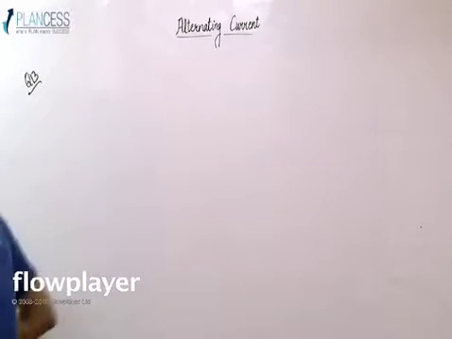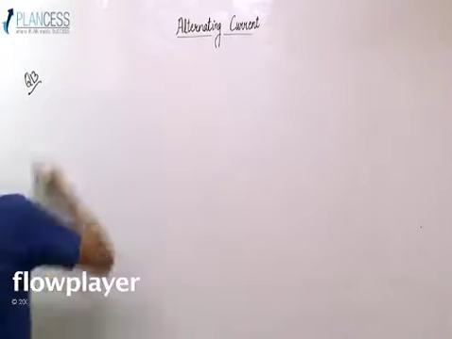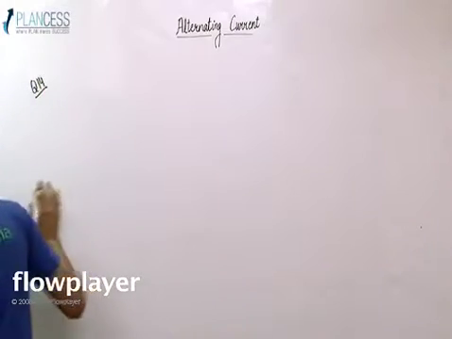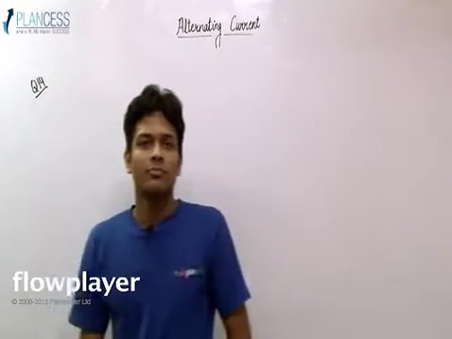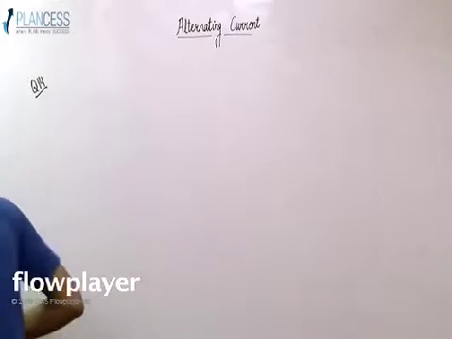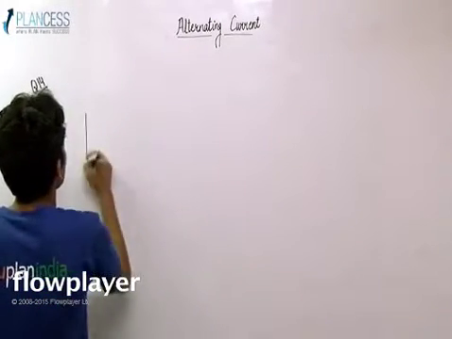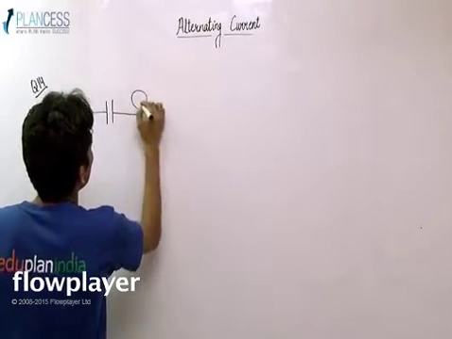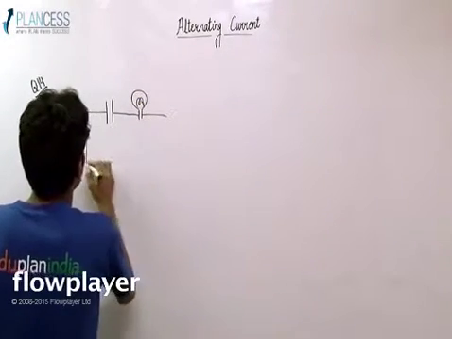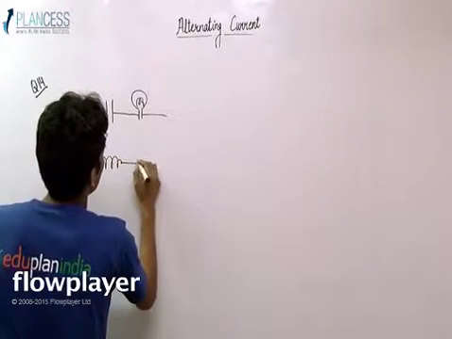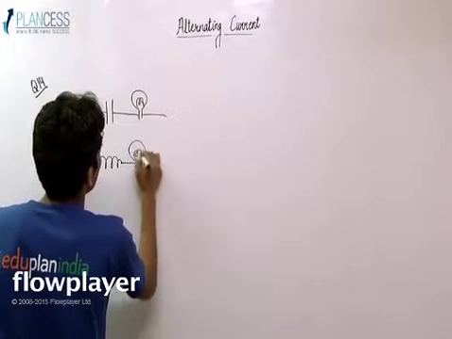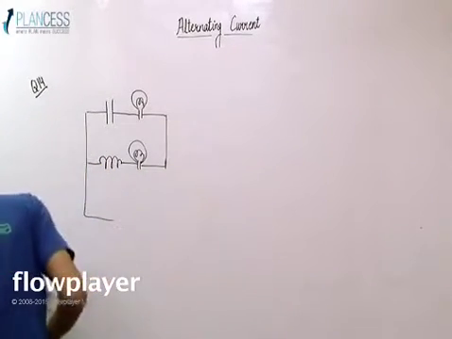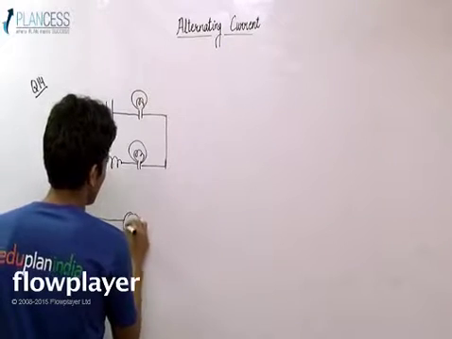Now this is a good question. Let's solve question number 14. Question number 14 says that there is a circuit given. Here you have a bulb, here you have an inductor, and again here you have a bulb, and here you have an AC source.